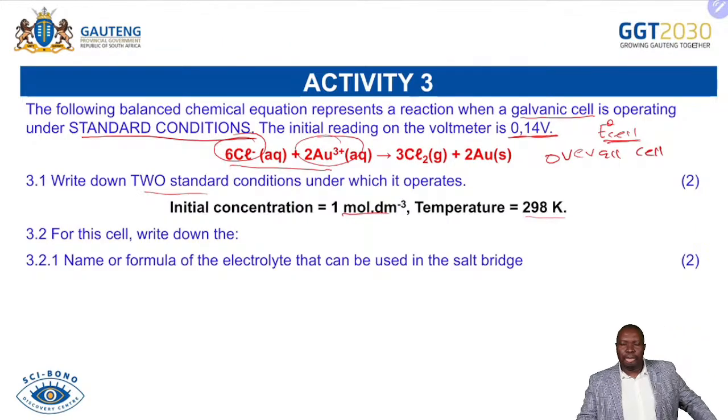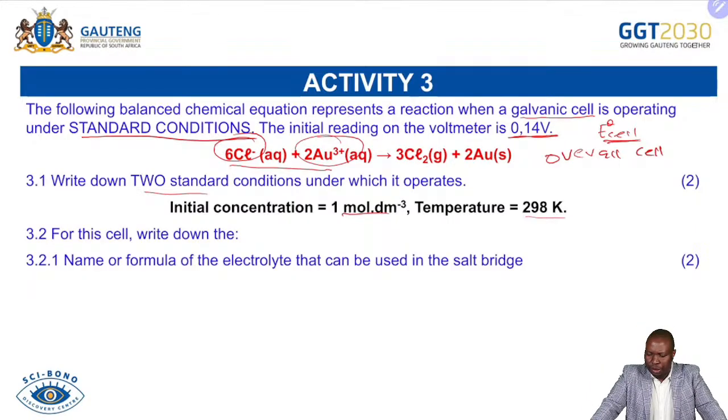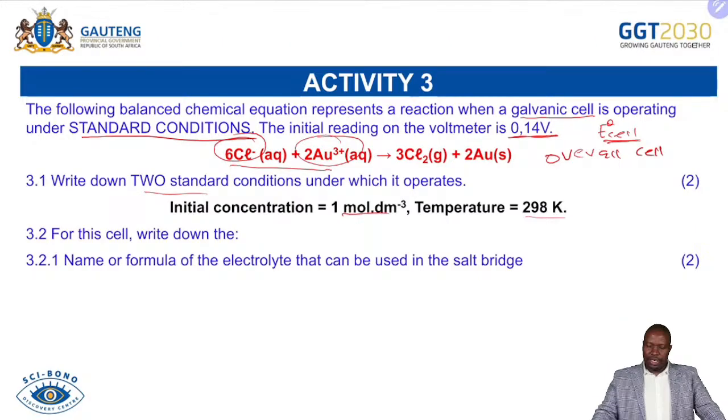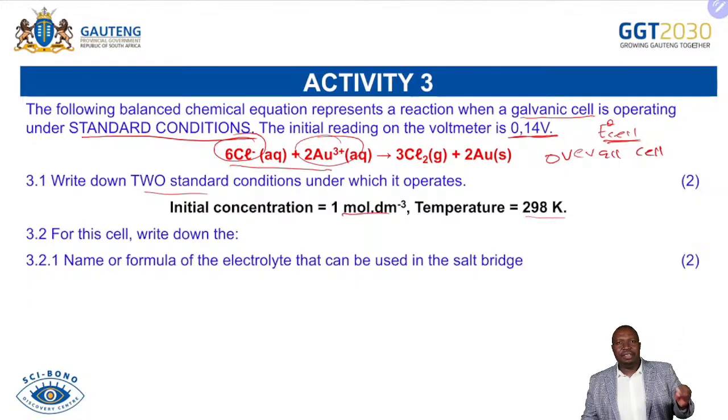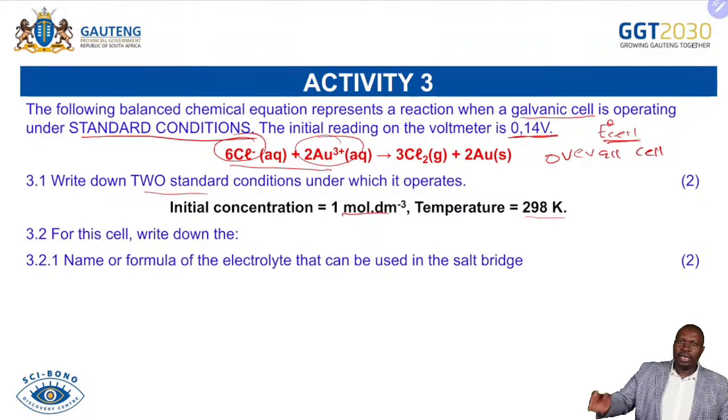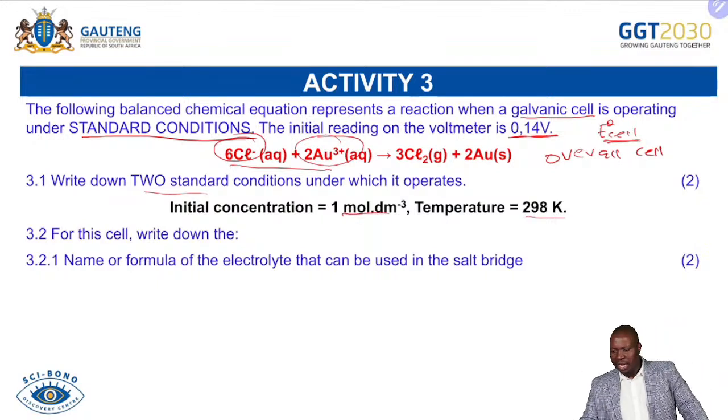For this cell, you are asked another question: write down the name or formula of the electrolyte that can be used in the salt bridge. So now you know your salt bridge, there must be a salt. And remember that salt has ions, so that you have anions that will move to the anode, cations that will move to the cathode.